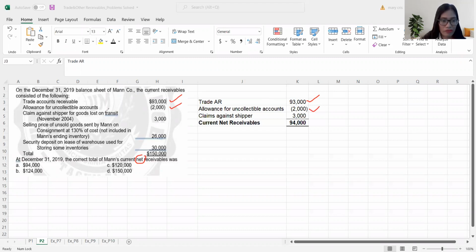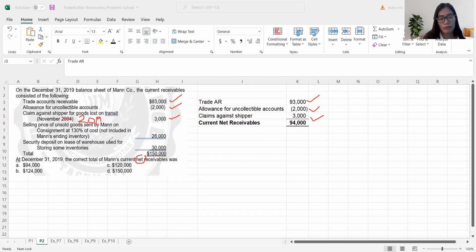Then we have claim against shipper for goods lost in transit. So this should have been 2019. So 3,000 is to be included because that's current. Another is the selling price of unsold goods sent by man on consignment at 130% of cost, not included in man's ending inventory.